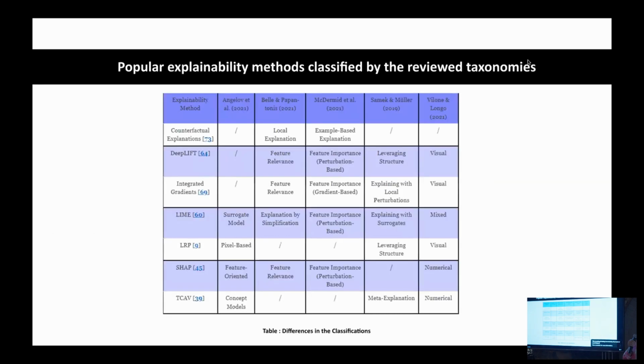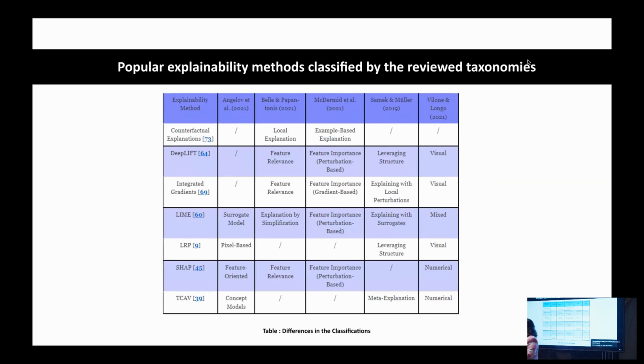So now a question arises. There are different researchers, there are different explainable AI methods that we discuss, but everyone categorizes them into different approaches and categories, right? For example, let us take an example of an explainable AI method that is called counterfactual explanations. Even if you don't know the meaning, it's completely fine.